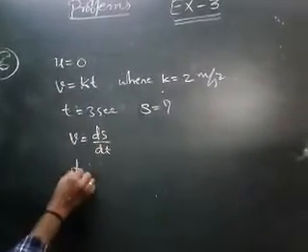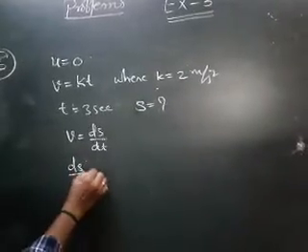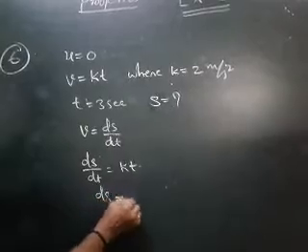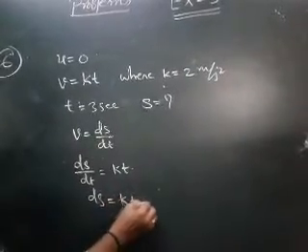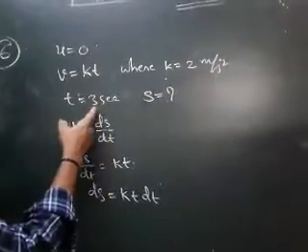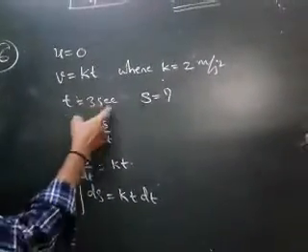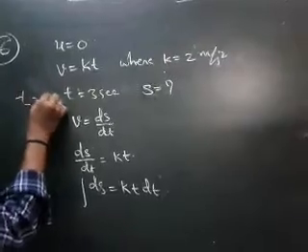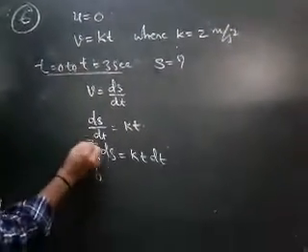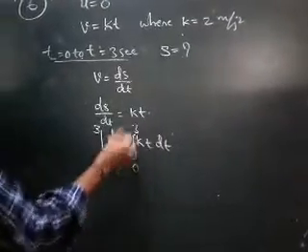Substituting, ds by dt is equal to k into t, therefore ds is equal to k into t into dt. Now we are going to find the displacement within the interval t is equal to 0 to t is equal to 3 seconds. So limits 0 to 3.